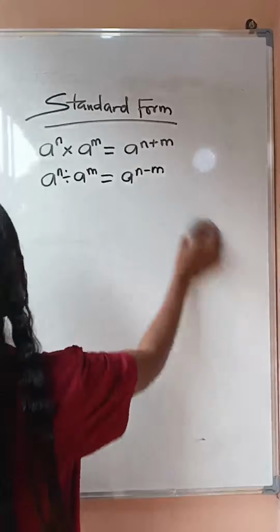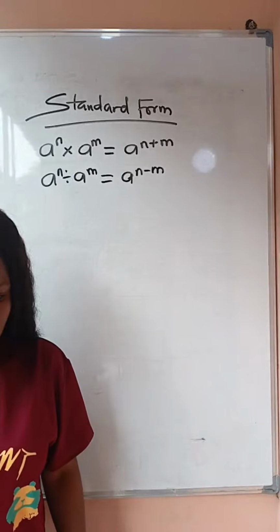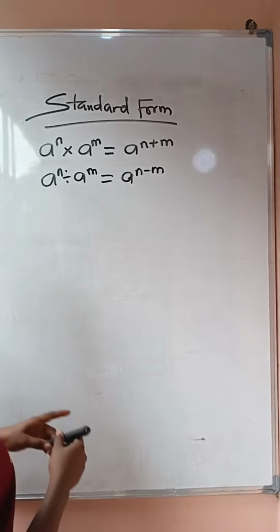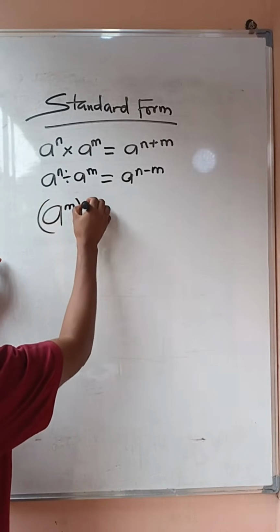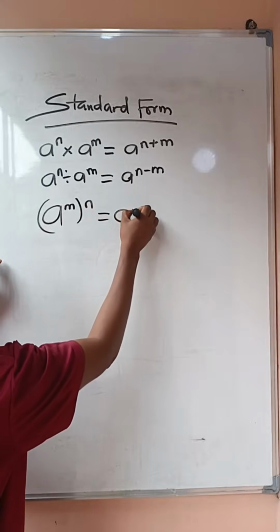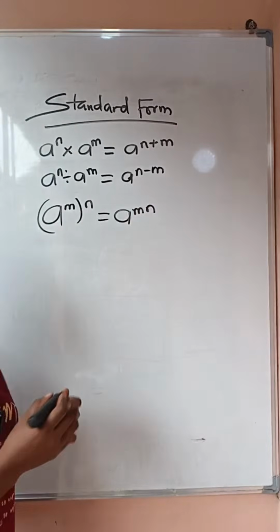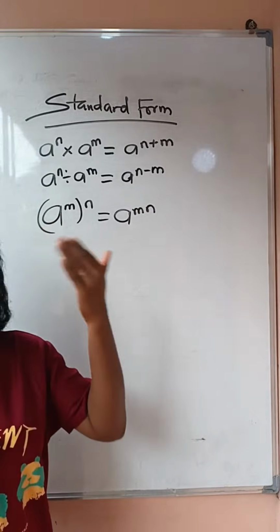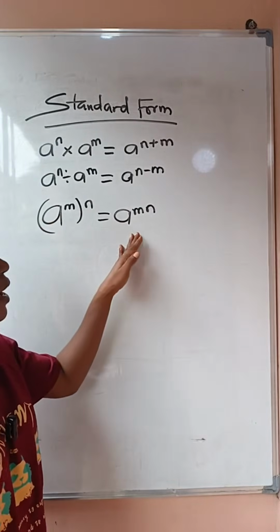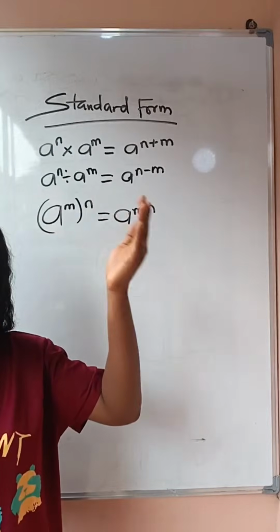The third law we are going to make use of is this. A to the power of m raised to the power of n is equal to a to the power of m times n.